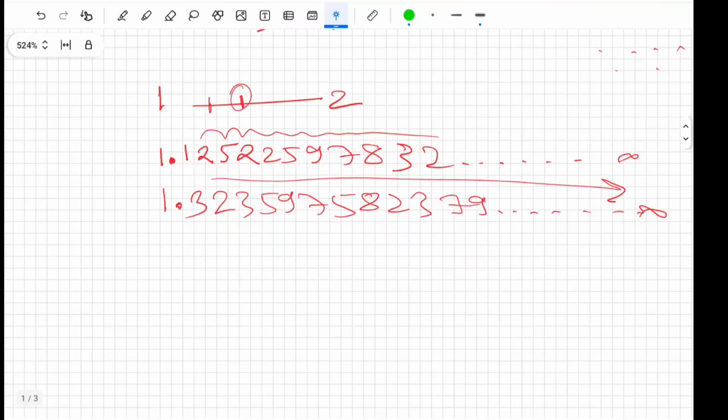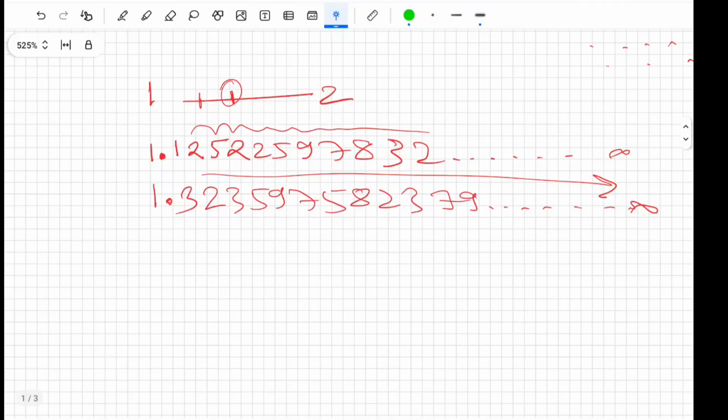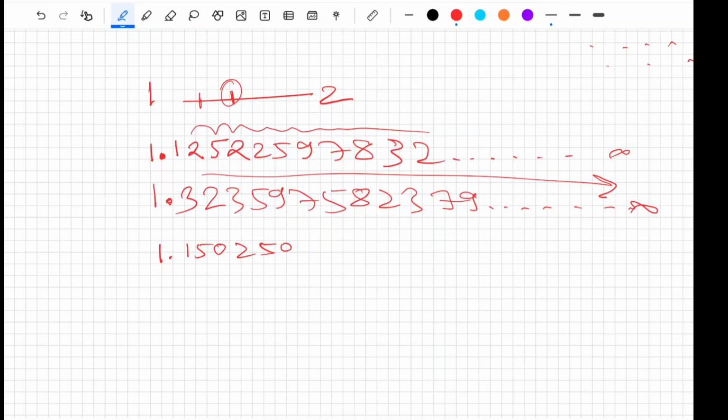So this question, I think, won't be asked in your exam because it is too easy, but I will suggest you write in some format. Like if you are writing for 1 point, you can put 150, 250, 350, 450, 550 and so on.